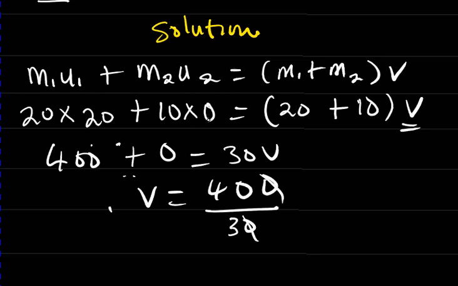I've already cancelled the 0, so I'm doing 40 divided by 3.